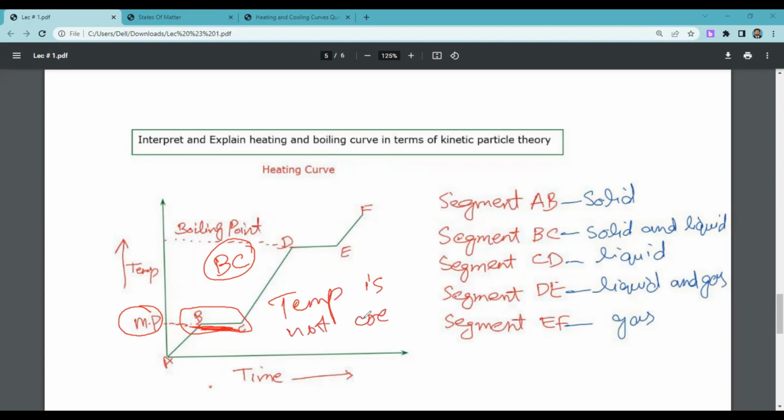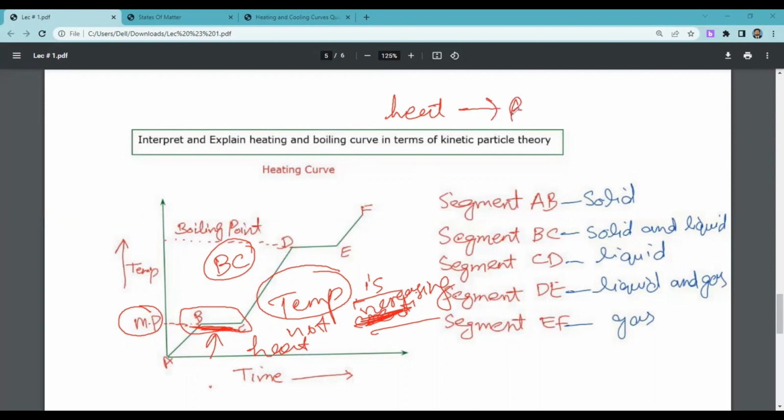Why? While we are providing heat, temperature is not increasing. The temperature is not increasing because the heat we are giving, listen carefully, is used to break the intermolecular forces between solids.